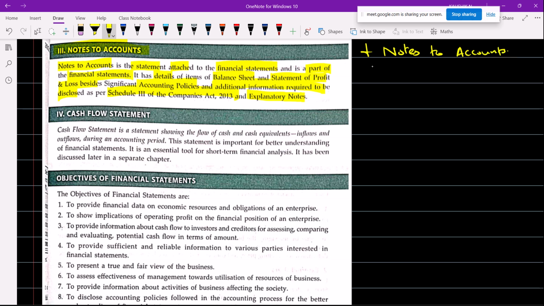Notes to account, this you can find in both the financial statements. One, you will find it in the balance sheet, and at the same time you will find it even in the statement of P&L.